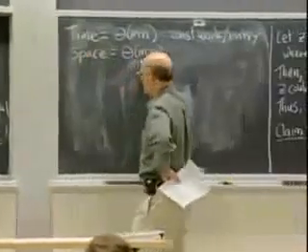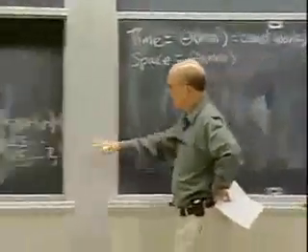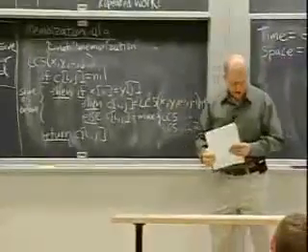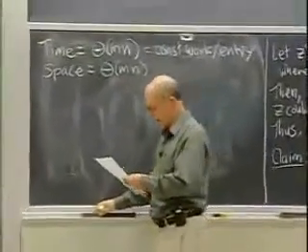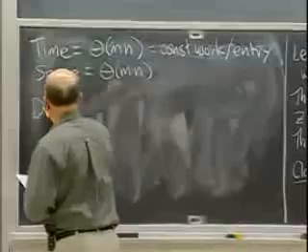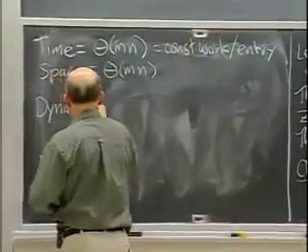But it takes a fair amount of space, and it also doesn't proceed in a very orderly way. So there's another strategy for doing exactly the same calculation in a bottom-up way. And that's what we call dynamic programming.